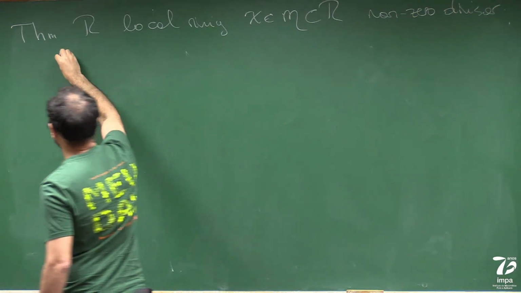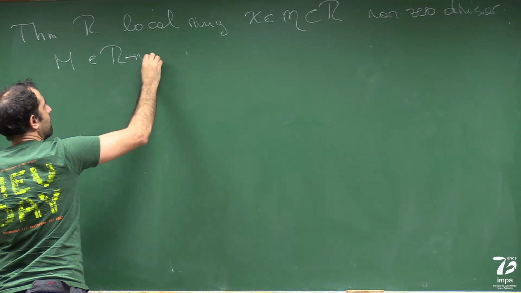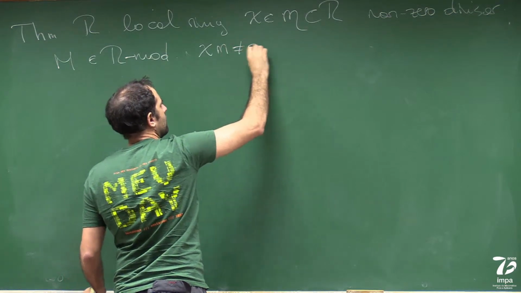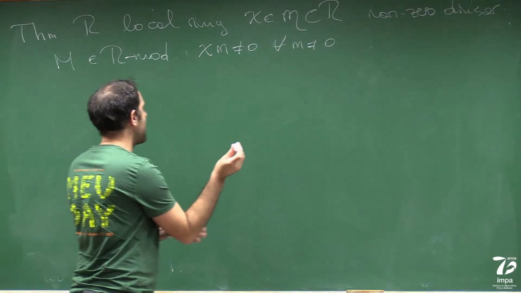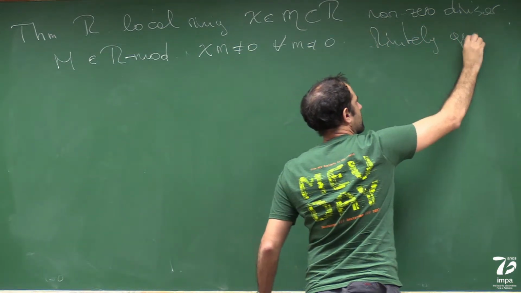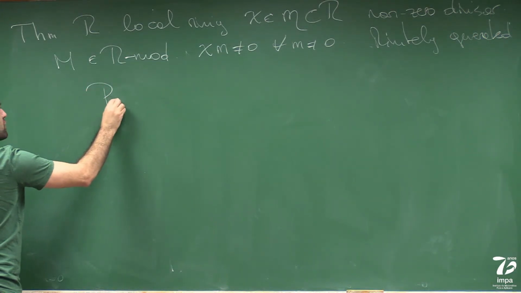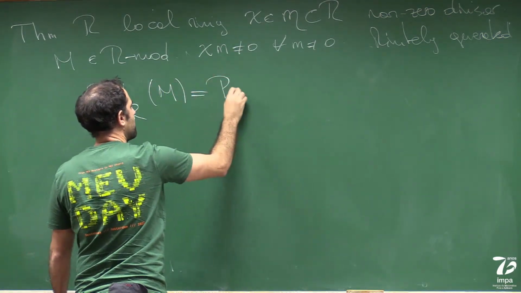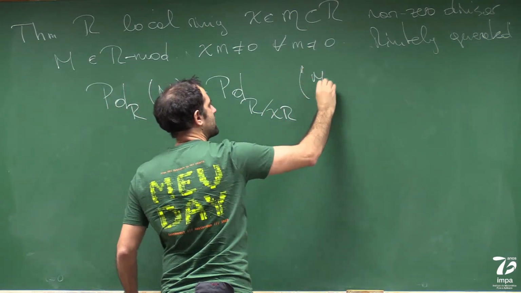Let M be a finitely generated R-module such that x is a non-zero divisor. Then the projective dimension over R of M is equal to the projective dimension over R/xR of M/xM.